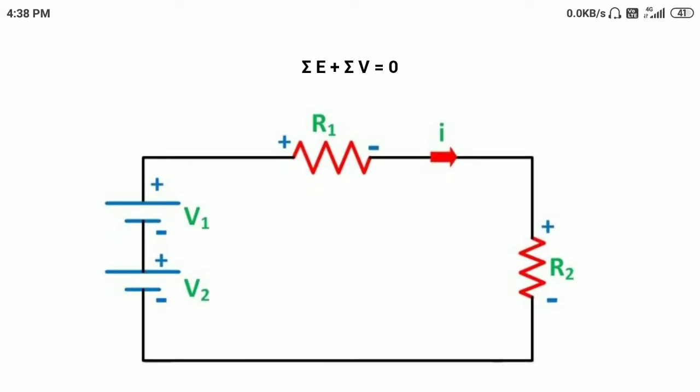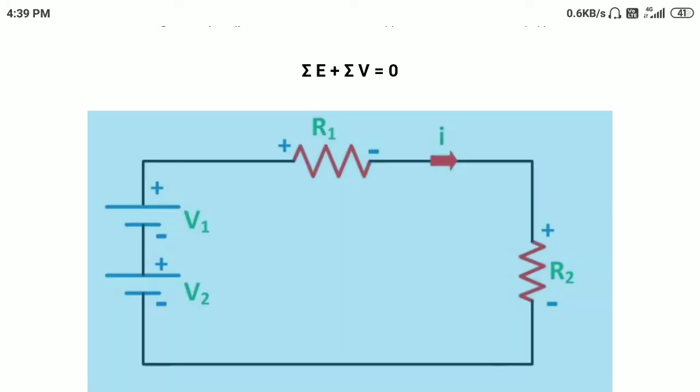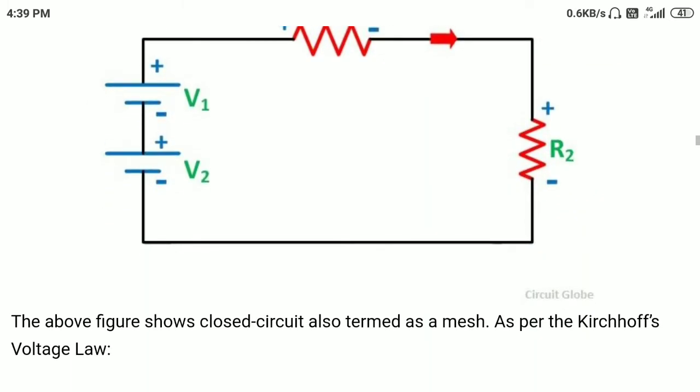Here V1, V2 are the voltages and R1, R2 are the voltage drops. So this is the source, V1 and V2, and R1, R2 are the drops. The source and drops give a resultant of 0. So this is the KVL.